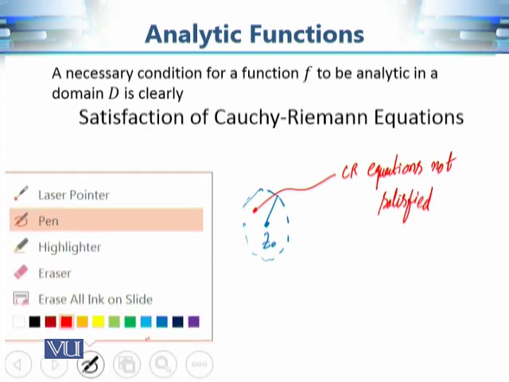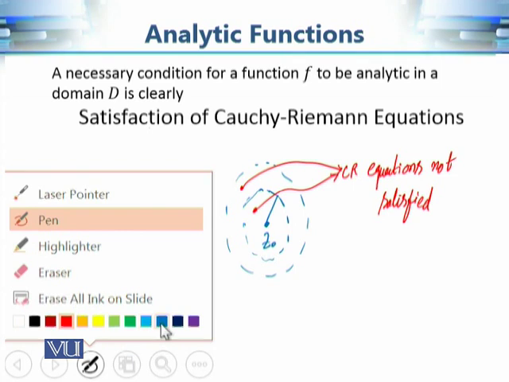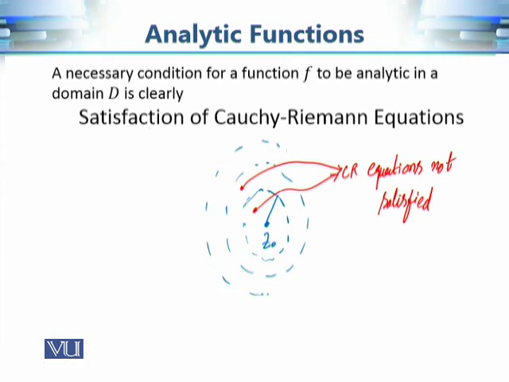Similarly, if we consider another neighborhood, and in this neighborhood we can still find another point where the Cauchy-Riemann equations are not satisfied, and so on, whenever we consider an epsilon neighborhood, we can find a point where the Cauchy-Riemann equations are not satisfied, then we say that the function cannot be analytic at point z0, because the Cauchy-Riemann equations are a necessary condition for differentiability.